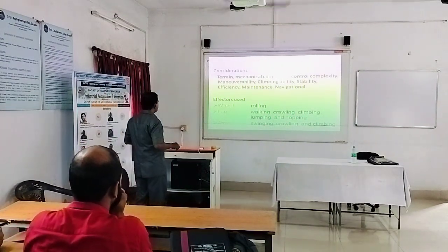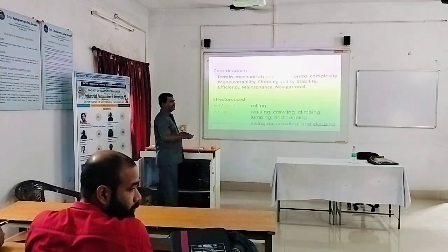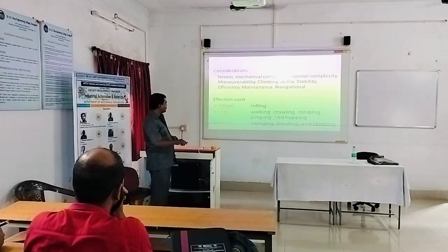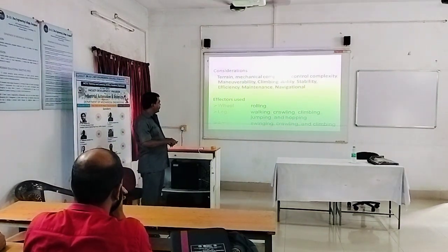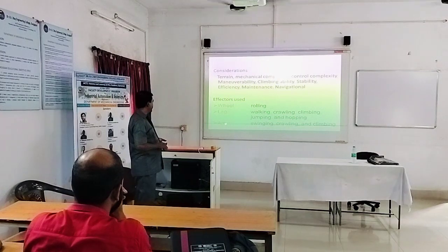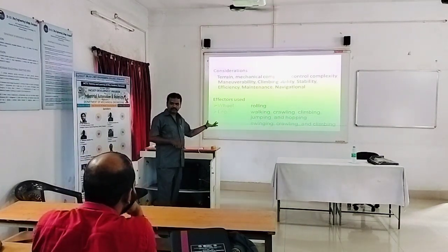And these locomotors are wheels, legs, and arms. Wheels only give rolling motion. Legs give walking, crawling, climbing, jumping, hopping, etc. And an arm can swing, crawl, even climb also.